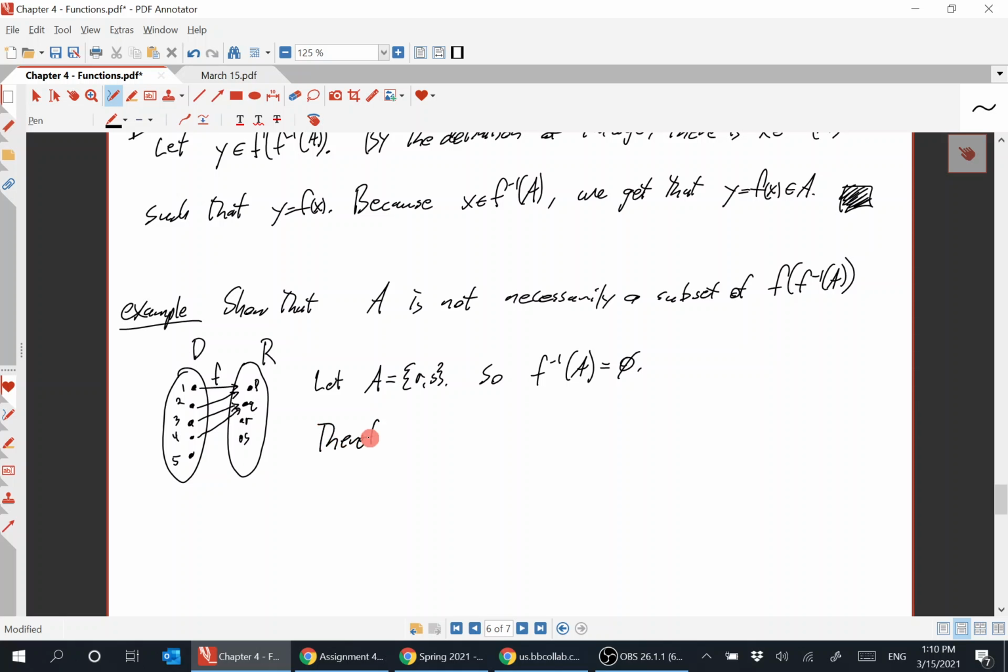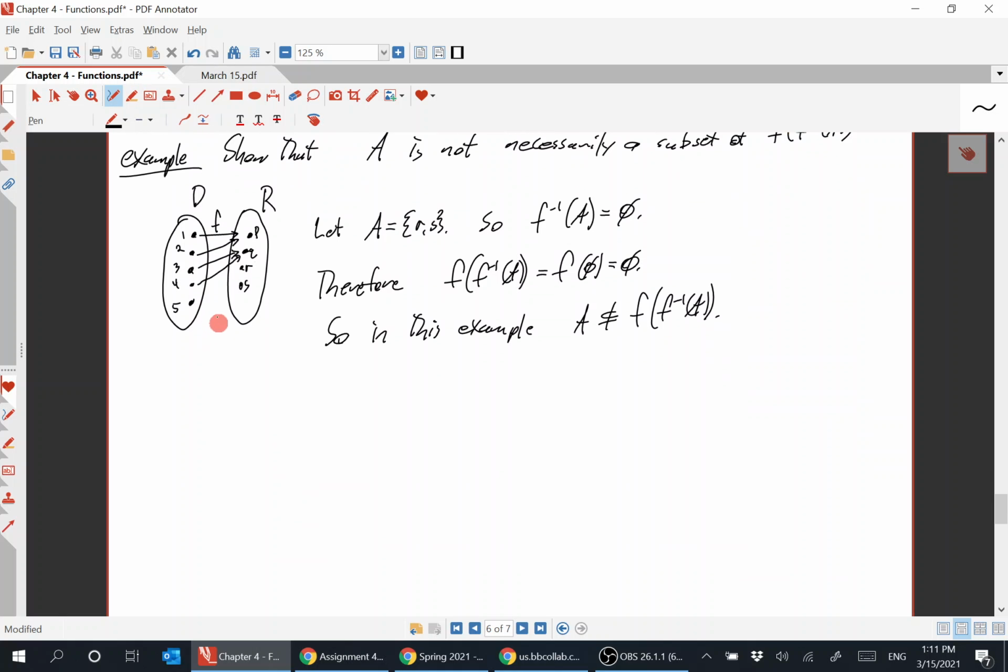Therefore, the image of the pre-image of A is the image of the empty set, which is just what? The empty set. Just the empty set. Right? So in this example, A is not a subset of the image of the pre-image of A.